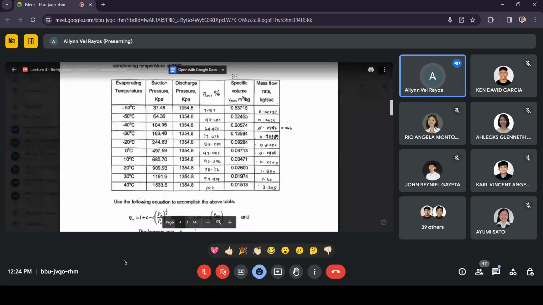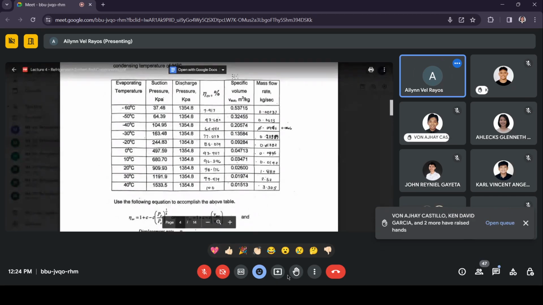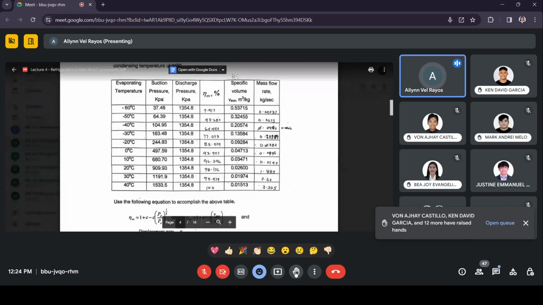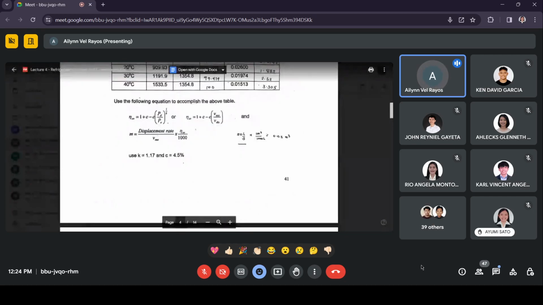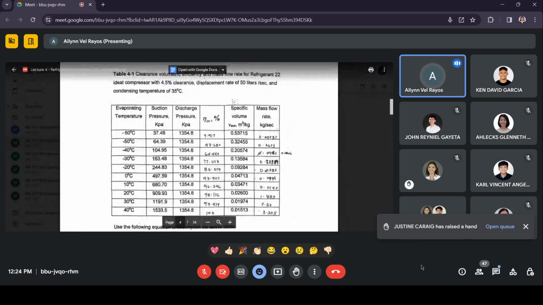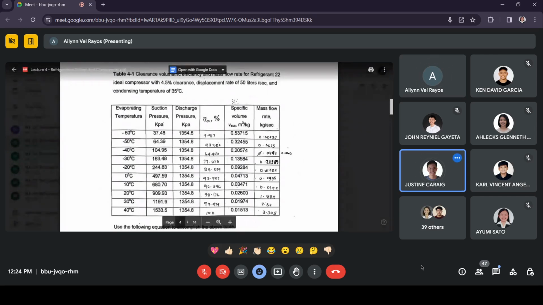Taas muna tayo ng kamay kung clear naman yung gagawin. Okay, hands down and then continue na muna. So again, yung K natin is 1.17. So ang clearance naman is nakabigay dito na 4.5. Okay? Justin, may question ka? Wala po, ma'am. Late na raise hand. Okay, so continue muna to.